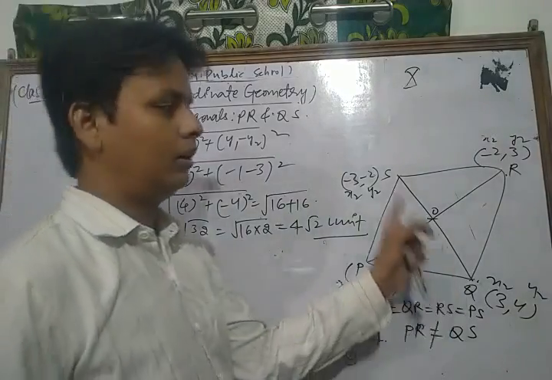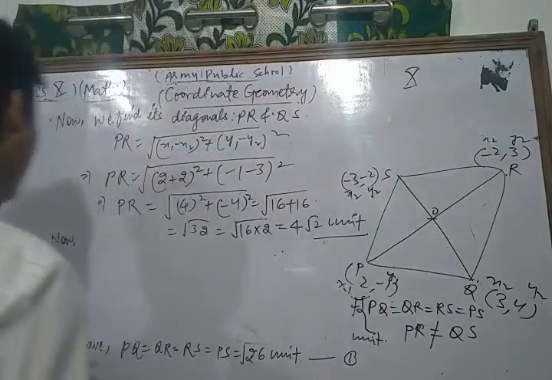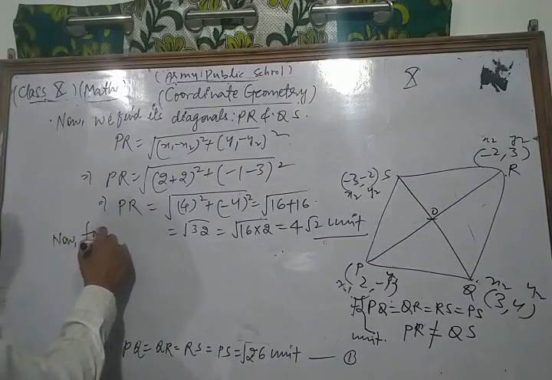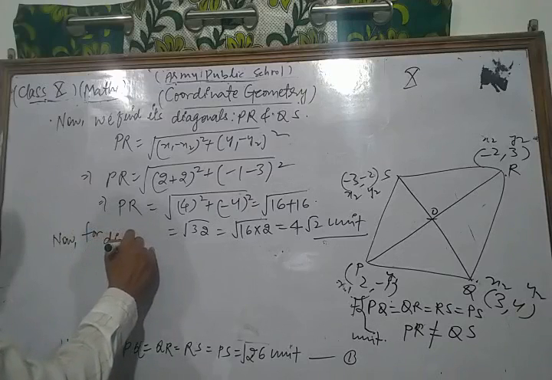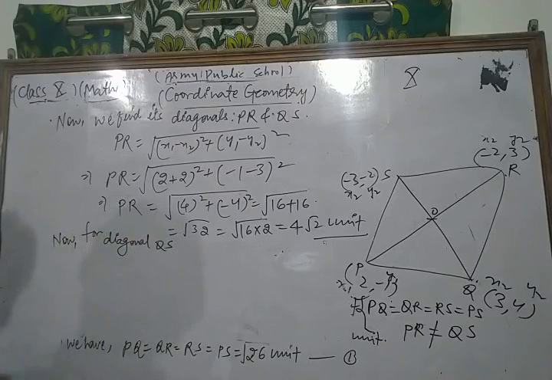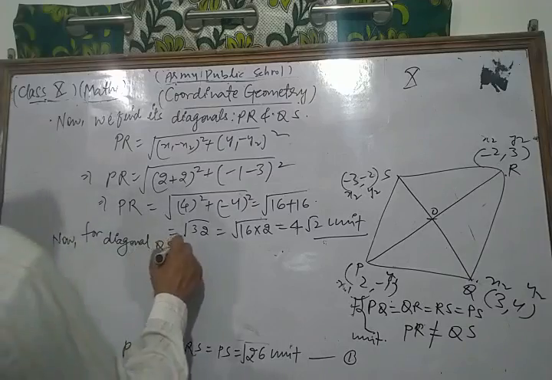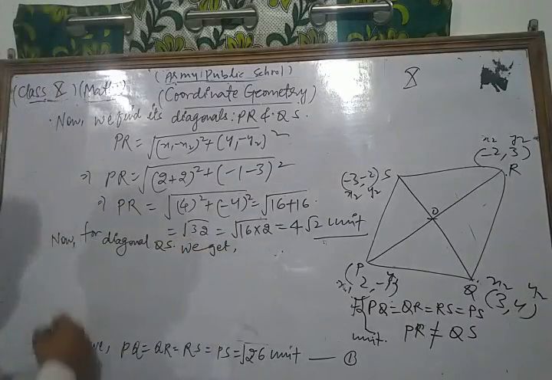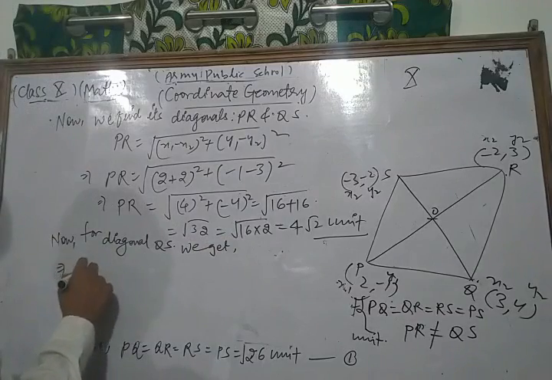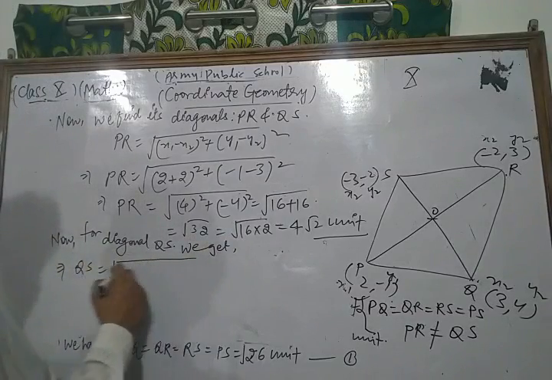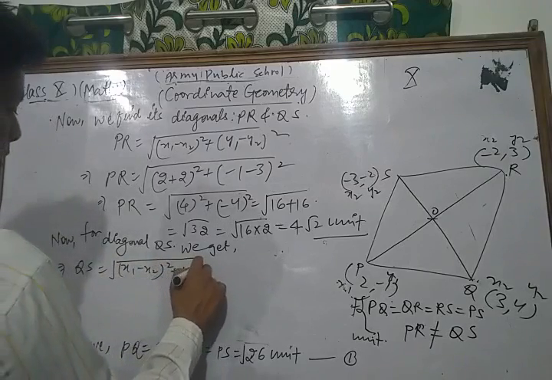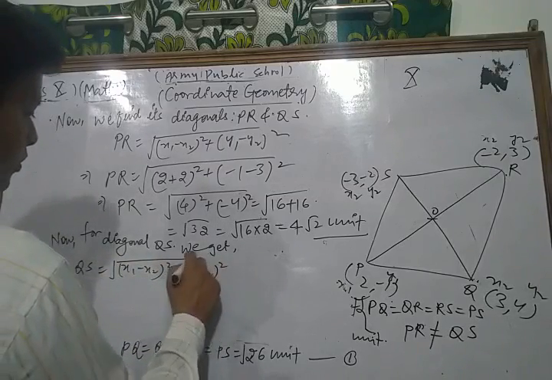Now we find diagonal QS, which is equal to square root of x1 minus x2 whole square plus y1 minus y2 whole square.